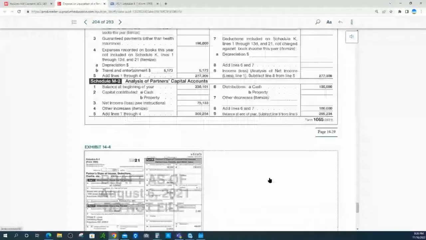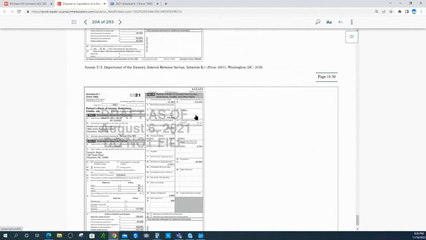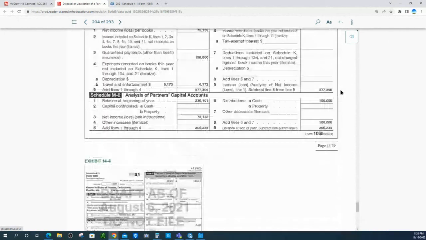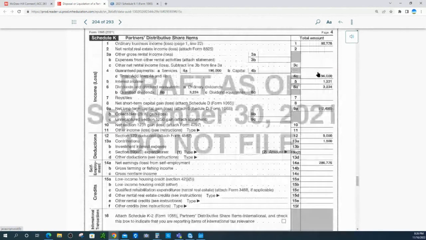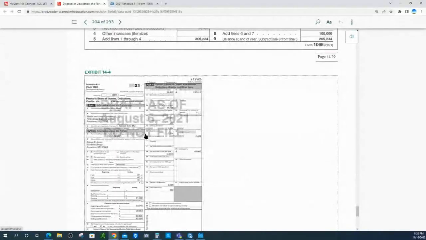All right, so this is what the K1s would look like. So here we've got Robert's, he's a 40% owner, and then we've got David's, who's a 60% owner, and all of those items on Schedule K are going to show up then in their ownership percentages on their K1.